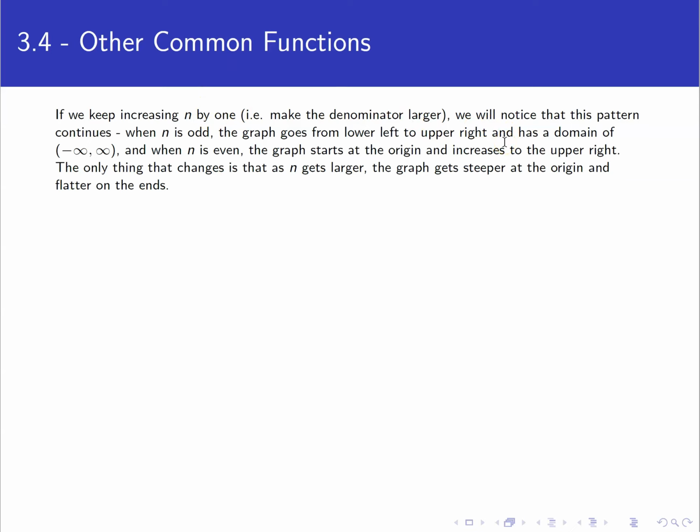If n is odd, the graph goes from lower left to upper right and has a domain of all real numbers. When n is even, the graph starts at the origin and has a domain of just the positive real numbers, and it increases up to the right. And again, like I mentioned before, as n gets bigger, the graph will get steeper in the middle and flatter on the ends.